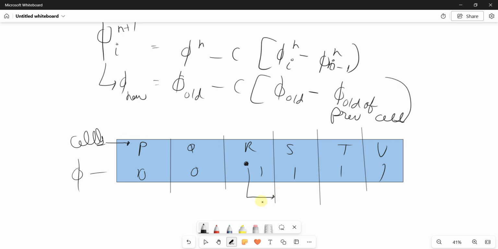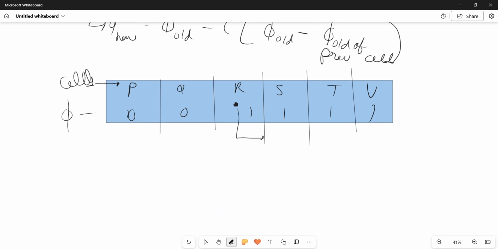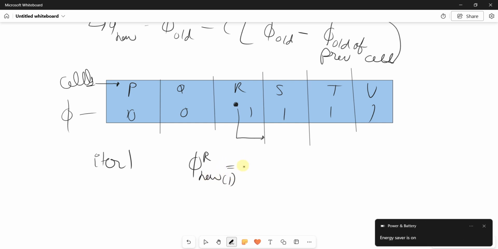So now if I want the value of phi at the new point, so phi r new, that is the next iteration. So I'll go to iter 1.